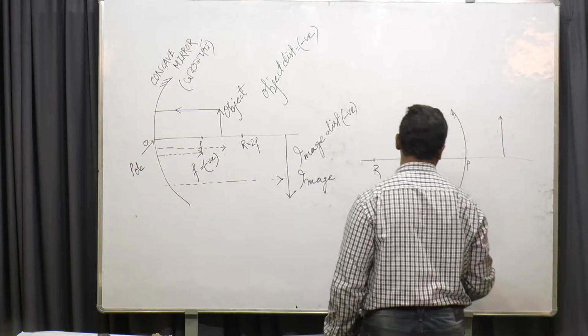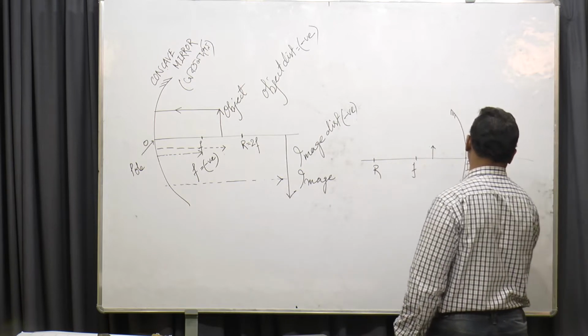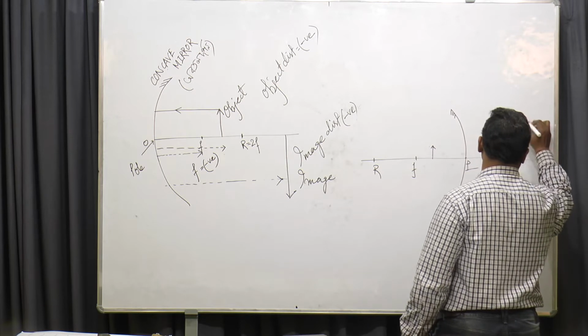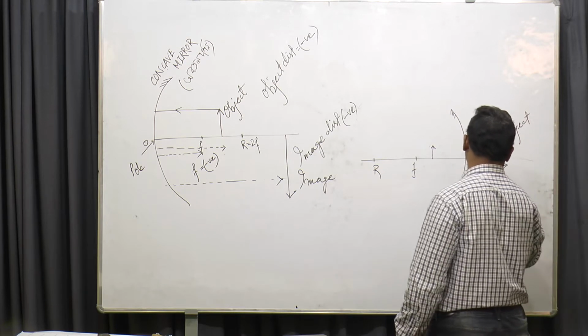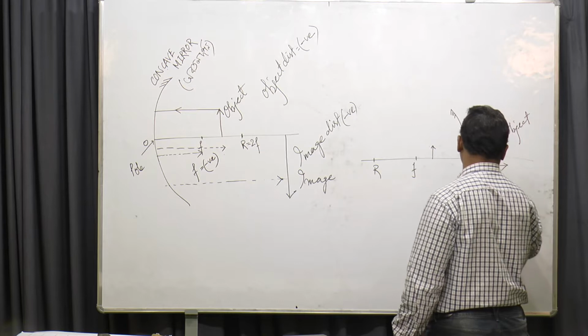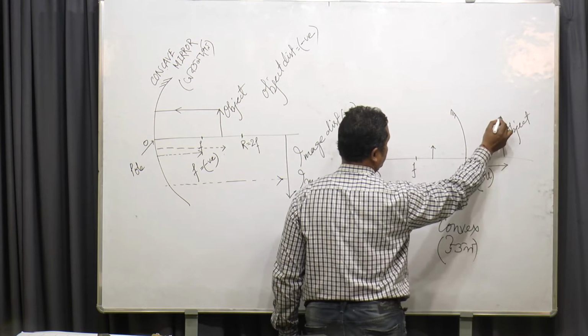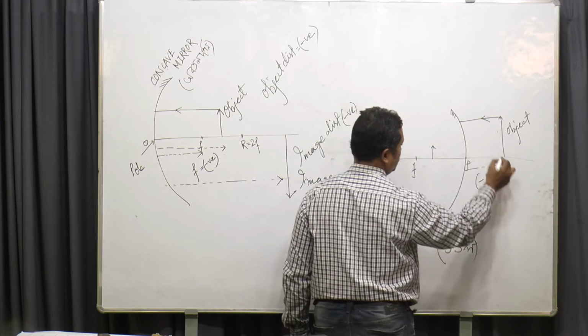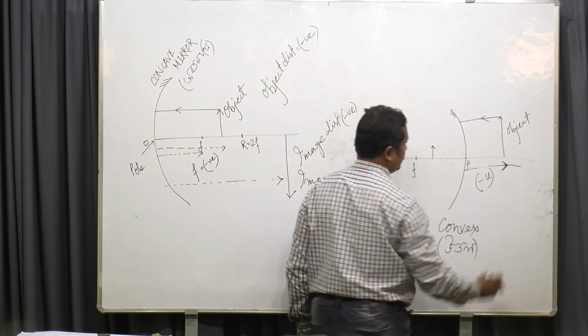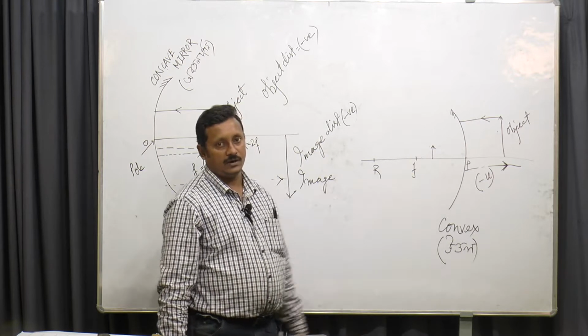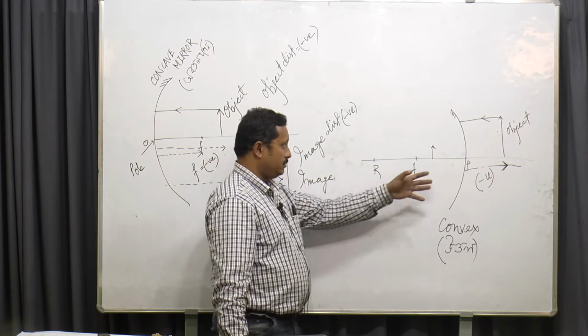Now I will start my distance. So this is my object distance. This will be negative because I am calculating from the pole and the ray is coming in this direction. So they are opposite in direction. You see these two arrows representing the oppositeness of that direction. So that will be u.